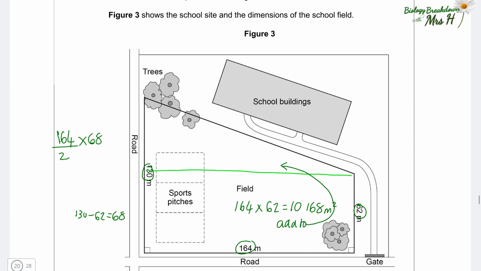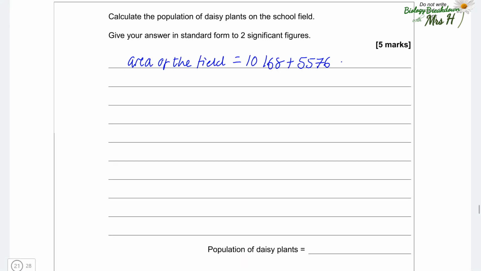So then when we do the half base times height, that gives us 5,576. So we add those two small areas together to give us the total area, which is 15,744 metres squared. The students said that their mean number of daisy plants per quadrat was 7.65 and they only did 4 quadrats.